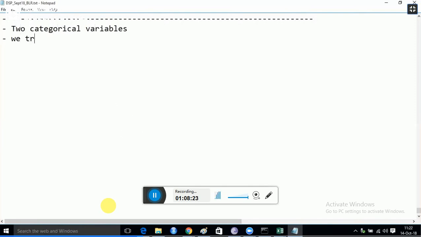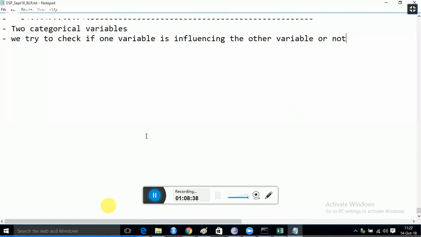And we try to check if one variable is influencing the other variable or not. So let me give you an example. Let's say there is a salary bracket, which contains 1, 2, 3, where 1 is the highest and 3 the lowest.